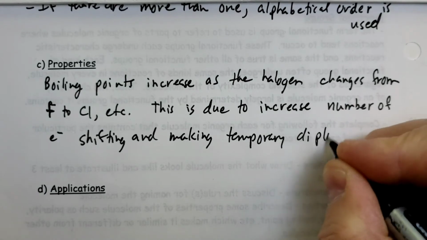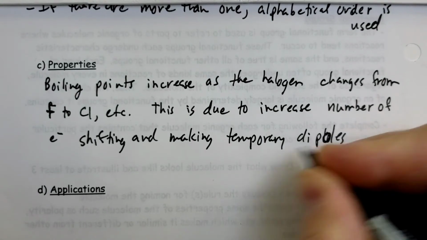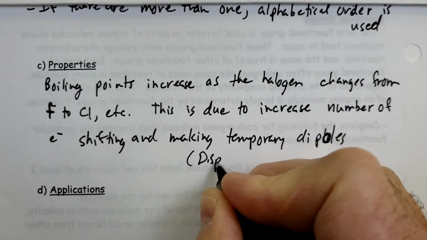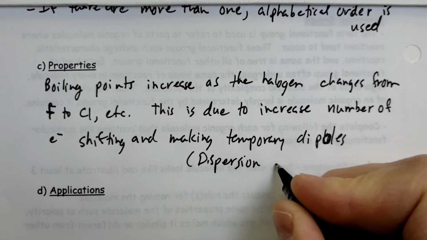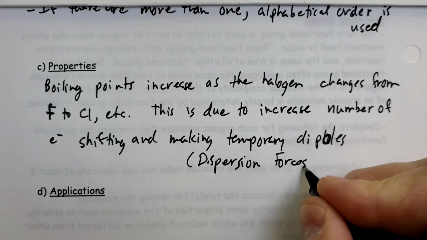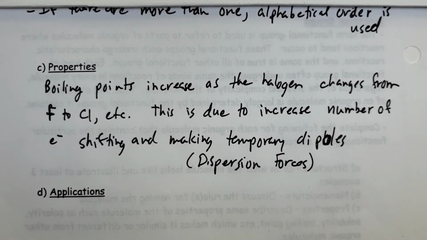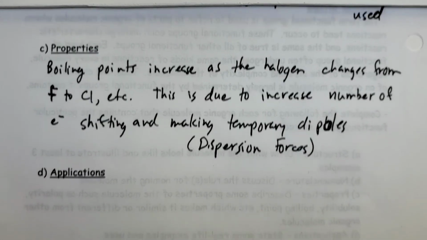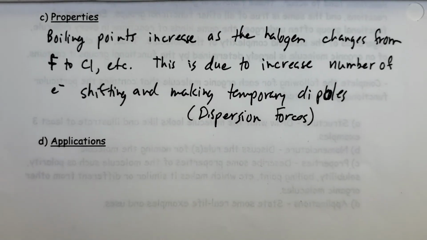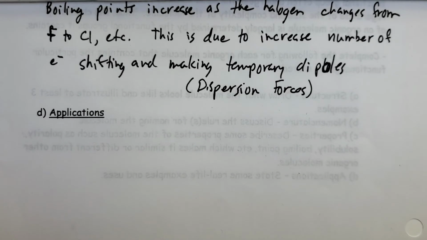So what we're affecting here is, of course, dispersion forces. Increased with molar mass because you're increasing the number of electrons, and of course those electrons can move around and form temporary dipoles.